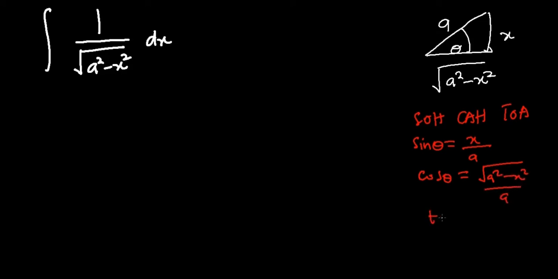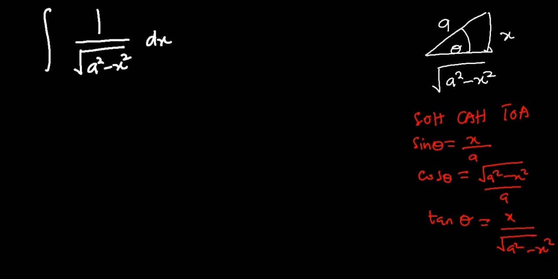And then the tangent of theta is opposite over adjacent, that's x over the square root of a squared minus x squared. So this is what I have now.